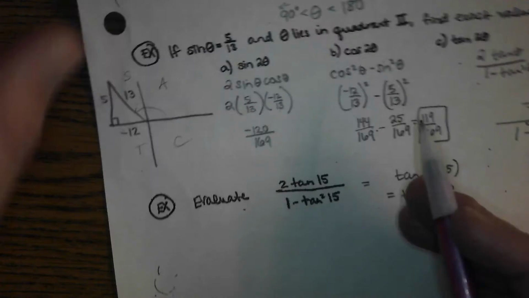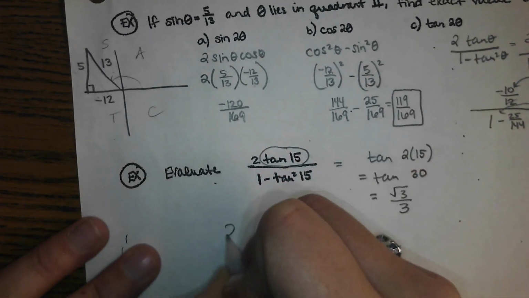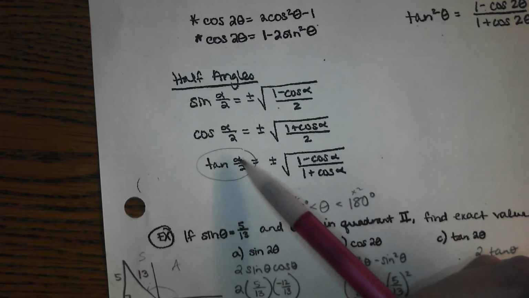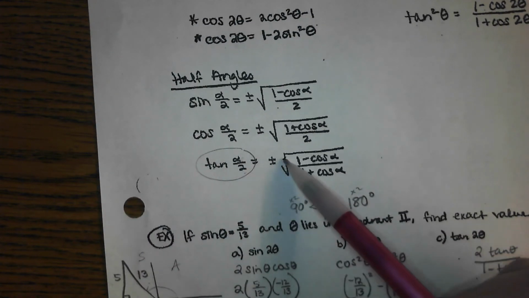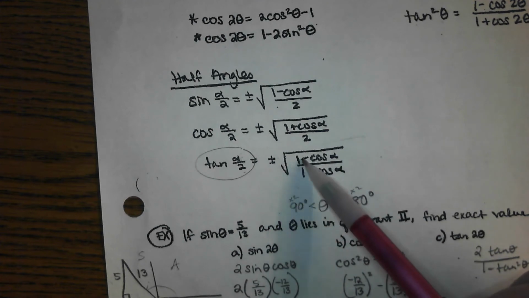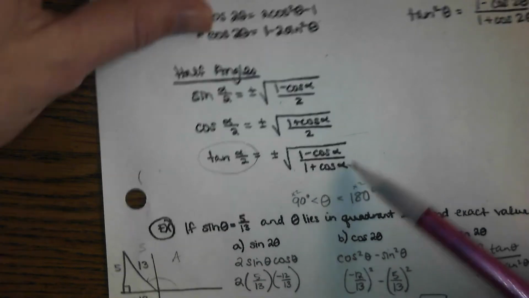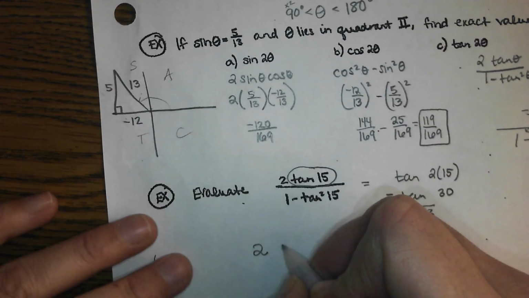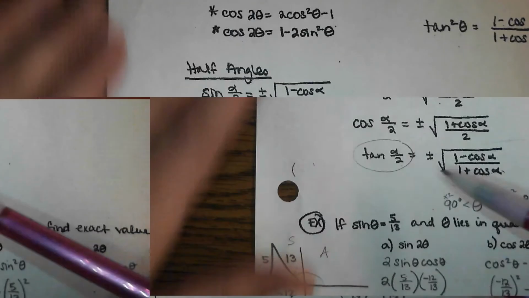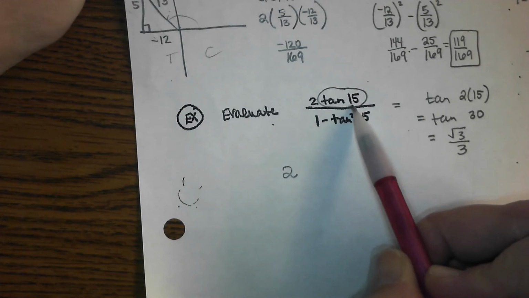So within my numerator, this way is going to be harder, but within my numerator, I can replace that tangent of 15 with the tangent of 30 over 2, and so that would become plus or minus the square root of 1 minus the cosine of 30 over 1 plus the cosine of 30. Do we follow? Okay.